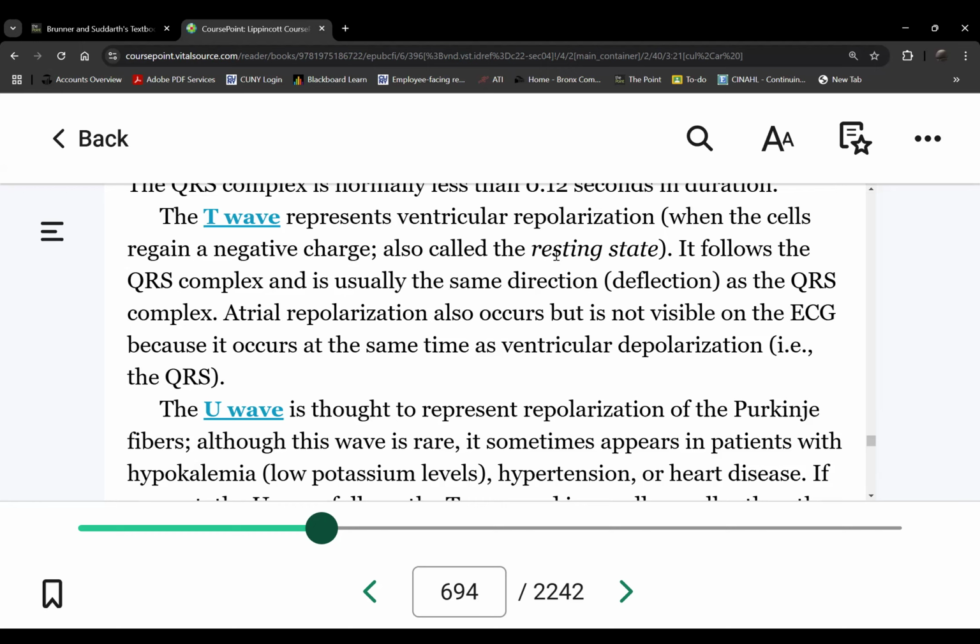And once it's ready for the next action potential, because it's all positively charged now, it will discharge all that energy, allowing depolarization to be possible. You follow? All right.